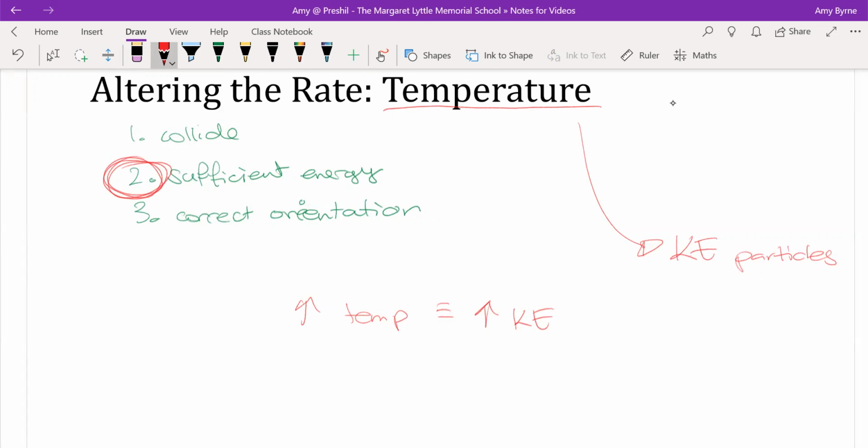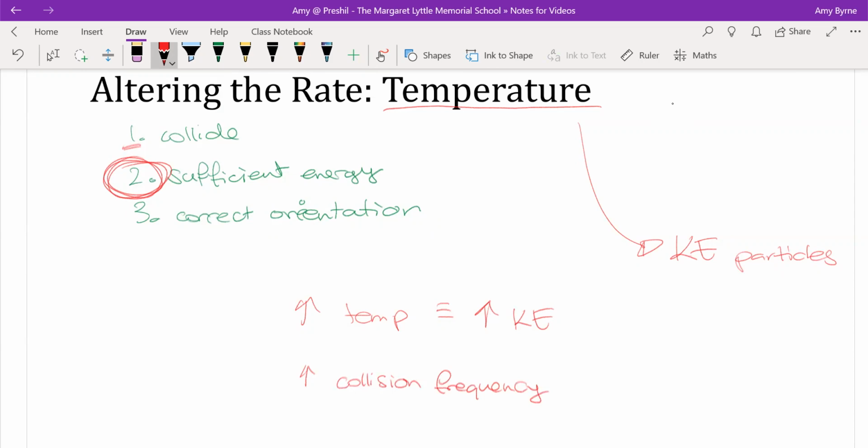The other thing I'm doing, and it's to a lesser extent, is also increasing the collision frequency. And remember, when we're talking about rate of reaction, we're not talking about the number of collisions. We're talking about the frequency of collisions. How many collisions per unit time?